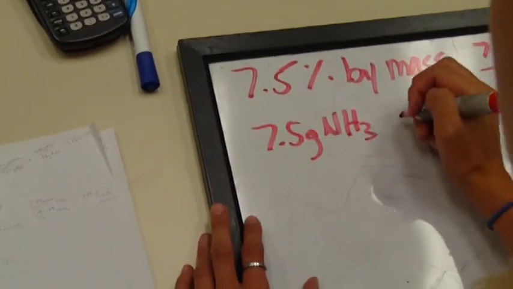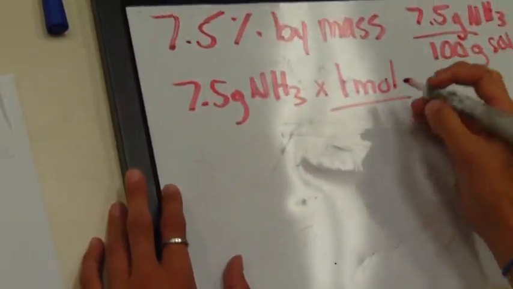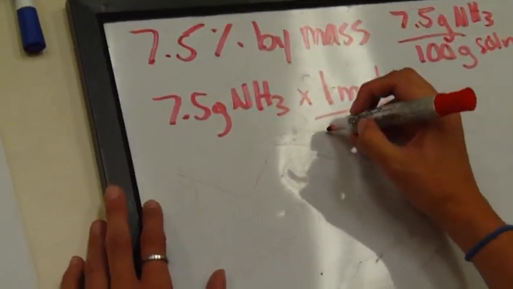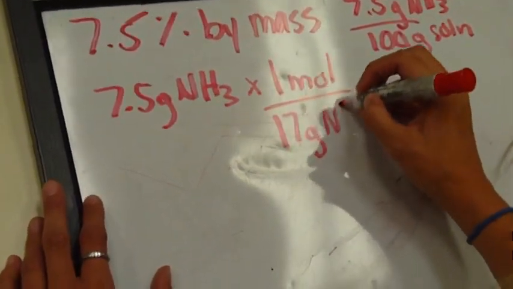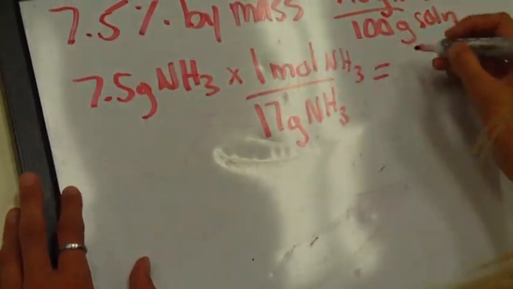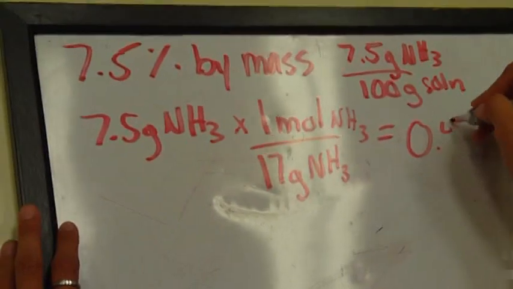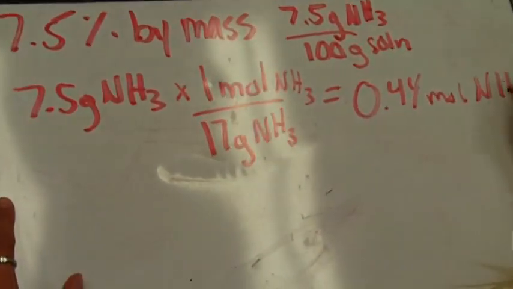And if we use some dimensional analysis, we can convert that into moles by using the molar mass, which is 17. We end up with 0.44 moles of NH3.